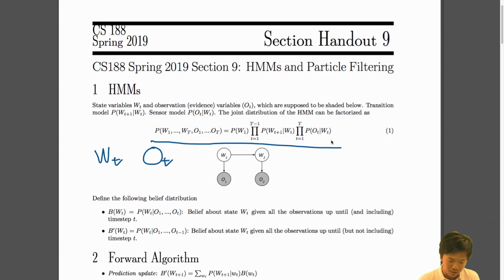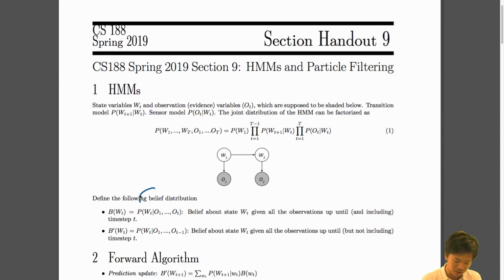But without going into the specifics, let's introduce some belief distributions. I personally think of these belief distributions as intermediate blocks. Basically, they take some intermediate values that we compute up to some time step, and then add one new table at a time to build up to the final product that we're interested in.